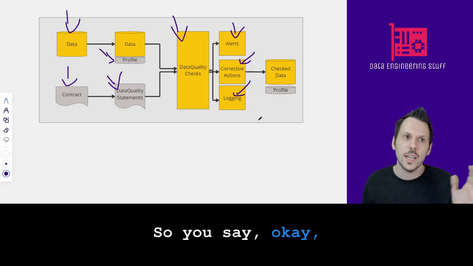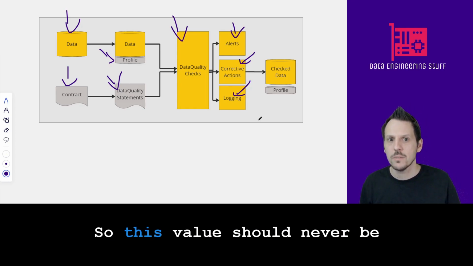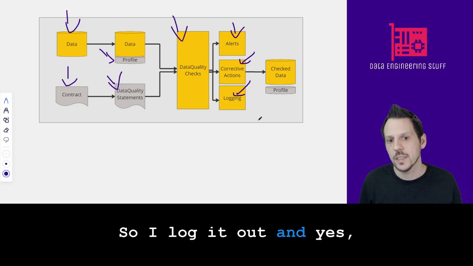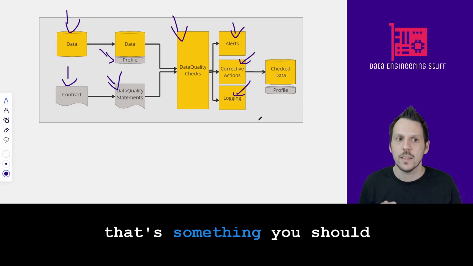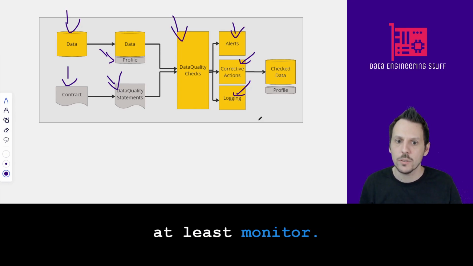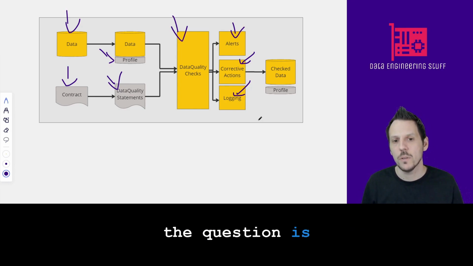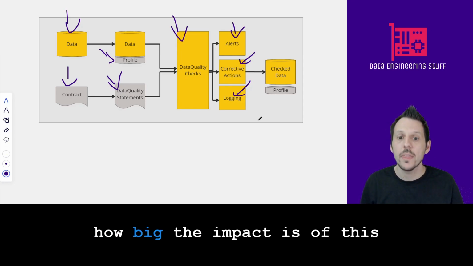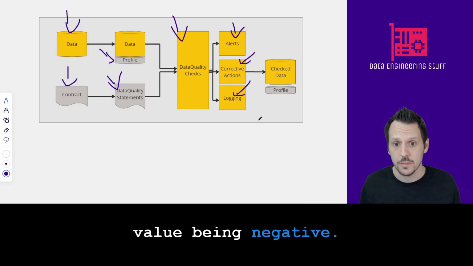So you say, okay, here's something really weird. This value should never be negative, but it is negative. So I log it out, and yes, that's something you should at least monitor. The question is how bad it is, how big the impact is of this value being negative.